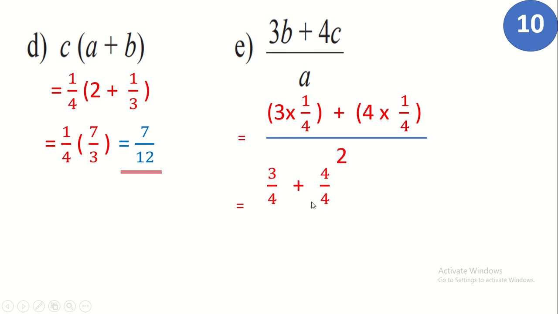Your answer is 3/4 plus 4/4, and then divided by 2, you have 7/4, and then divided by 2, your answer is 7/8. This is your answer. Correct, students?